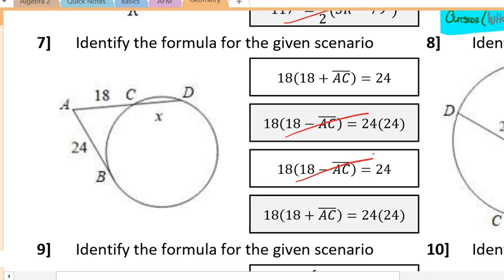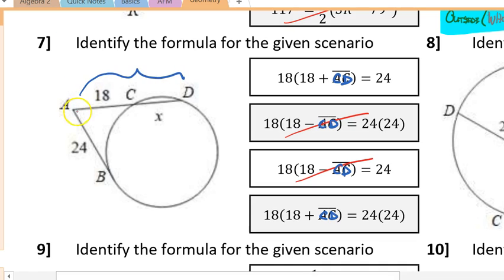Then looking at this, if I'm looking for outside times whole equals outside times whole, quick note on this, this should actually say CD. Regardless, 18 times 18 plus CD, so that's this whole distance.